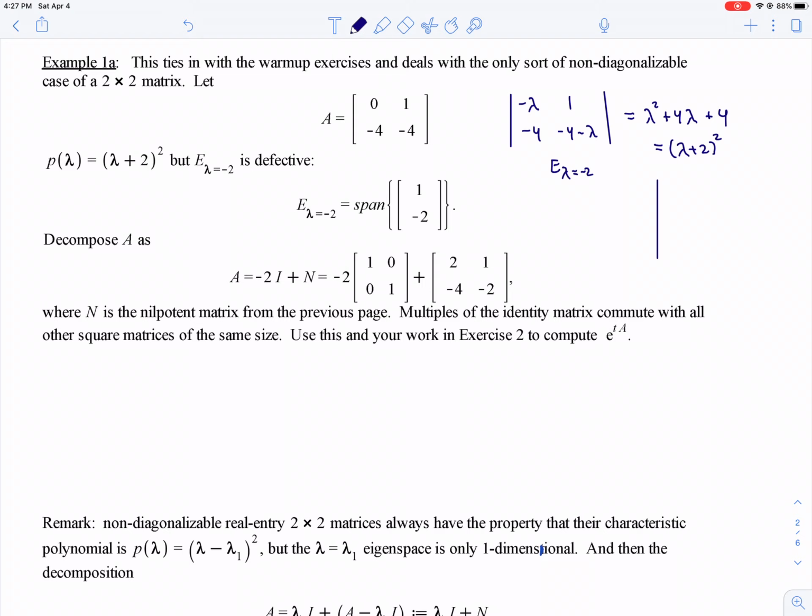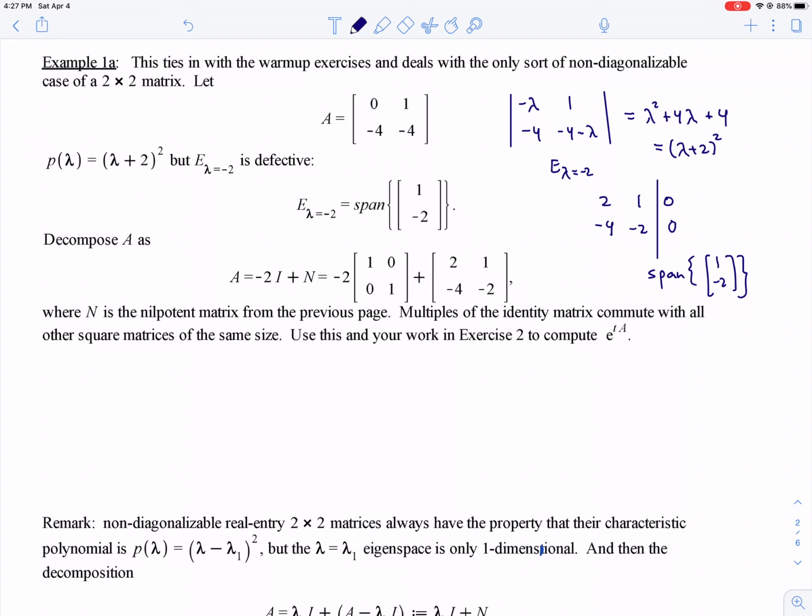I get the homogeneous system [2, 1; -4, -2], and the eigenspace is only one-dimensional. It's the span, for example, of the vector [1, -2].